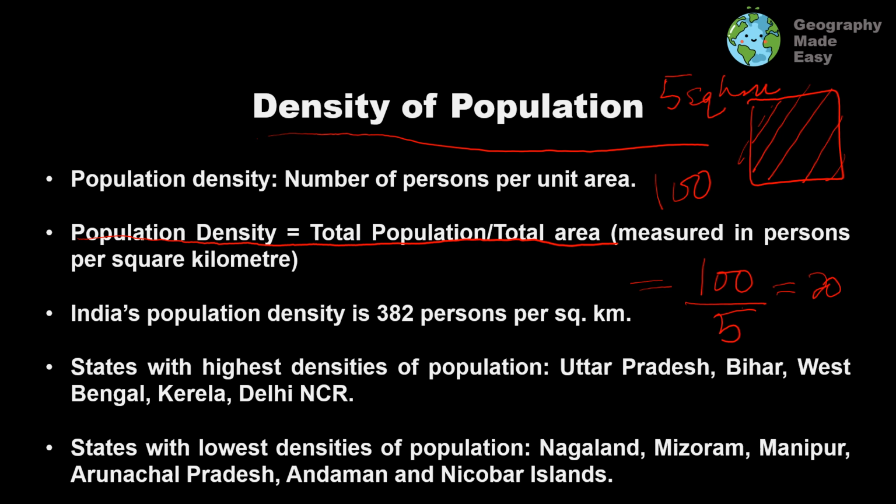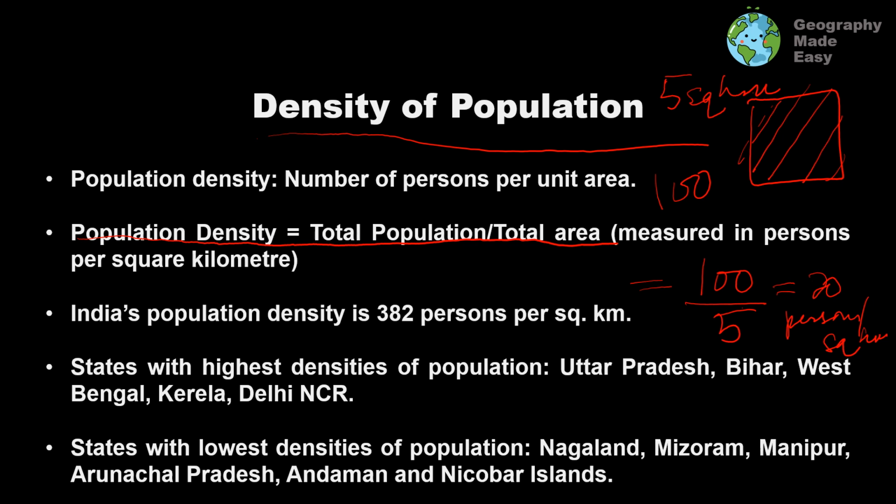So the population density is 20 persons per square kilometer. For every square kilometer, 20 people are living in this area. This is the measurement for the density of persons.